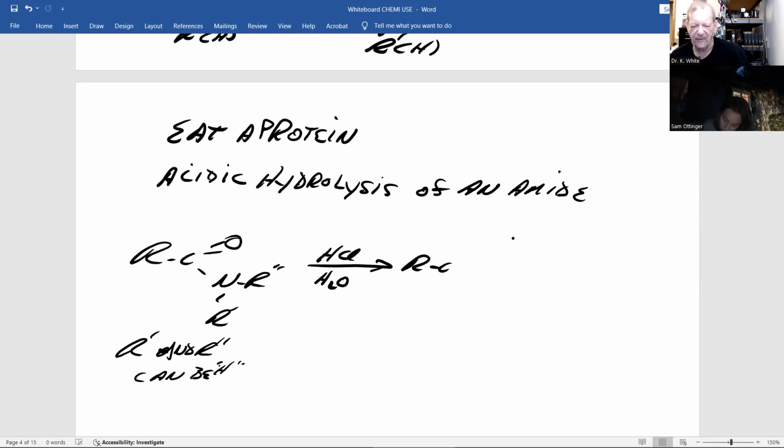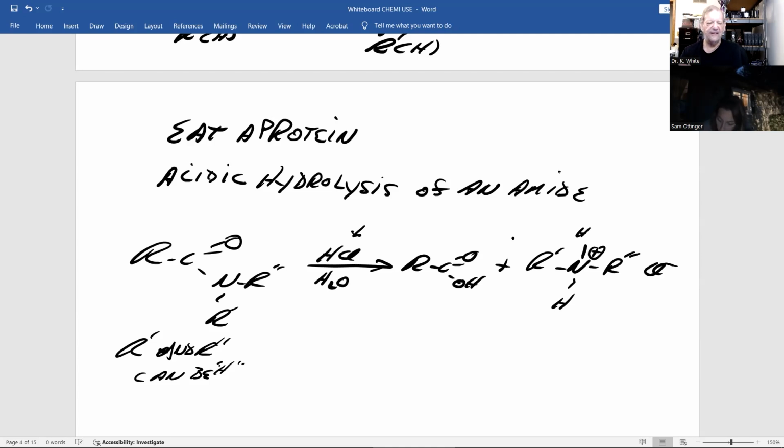You get back the carboxylic acid you would have used to make that amide, but because you're in the presence of acid, and the amine formed is a base, it will react with the HCl to form this amine salt. That's why I didn't just use H plus, because you see the counter ion on the amine salt.